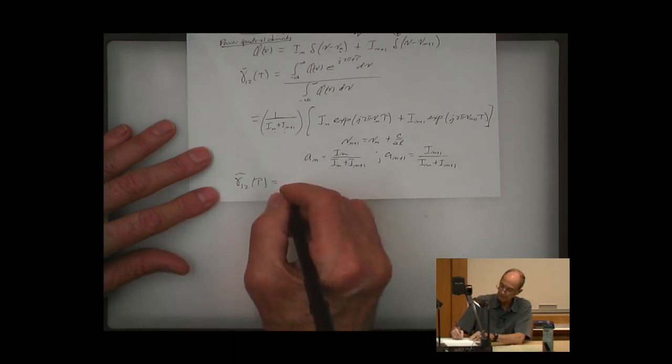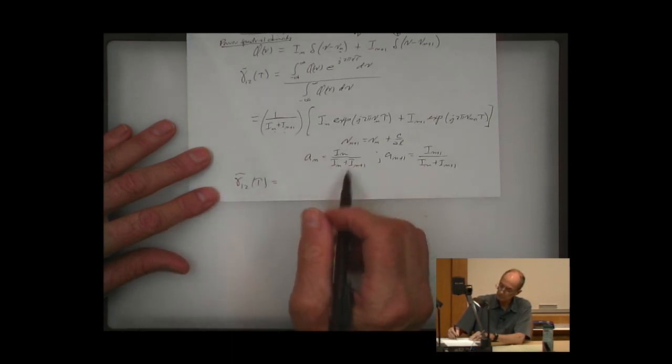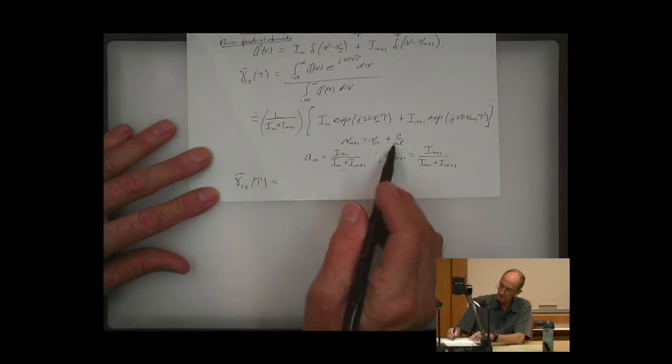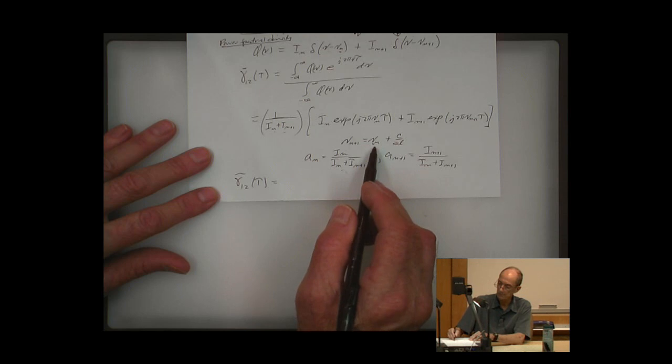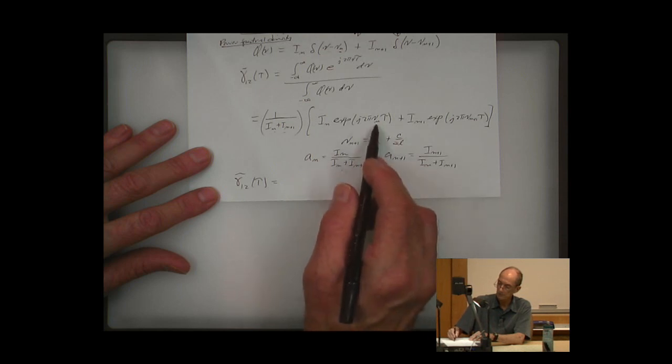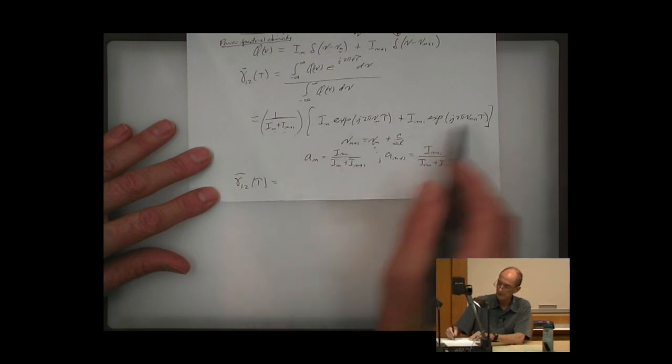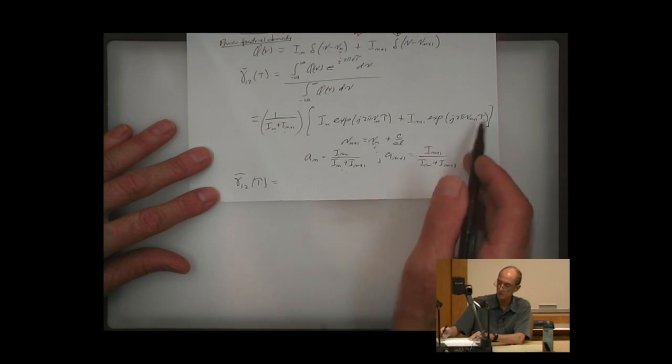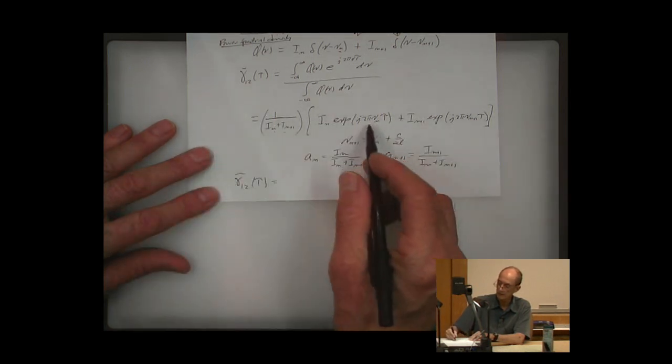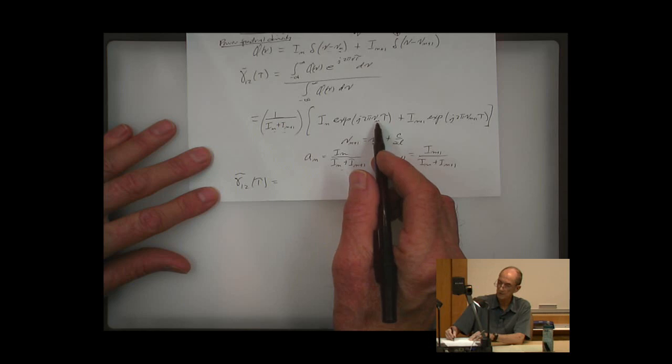now in the following way. Notice these are just separated by a frequency of c over 2L, so if this is nu sub n here, this really has nu sub n plus c over 2L. So we can factor out e to the j 2 pi nu sub n tau.